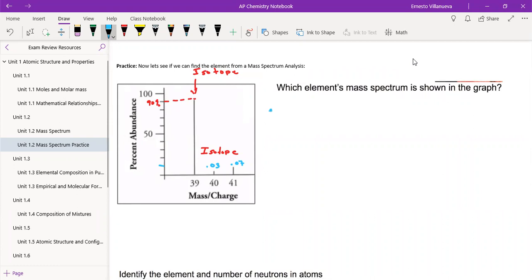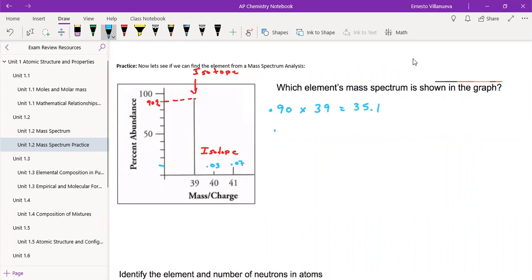So at 90%, I'm going to multiply that value times the mass of that isotope, which is 39. So 39 times 0.9 is going to give me 35.1.